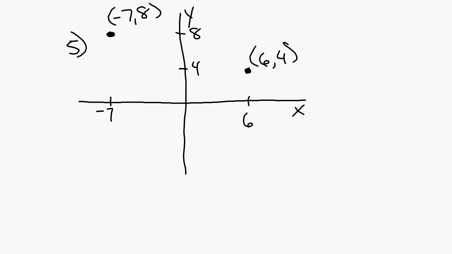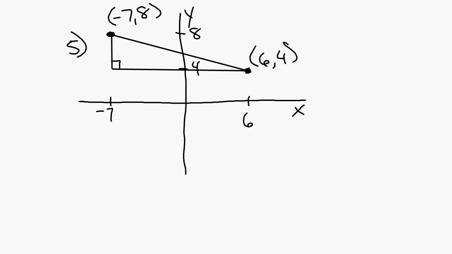So we did this earlier in the year. You plot the 2 points and then you connect them. Now you're going to find the distance of this segment, and you're going to do that by dropping a vertical down to the 4, and then you're going to run a horizontal across to the 6. This forms a right triangle.